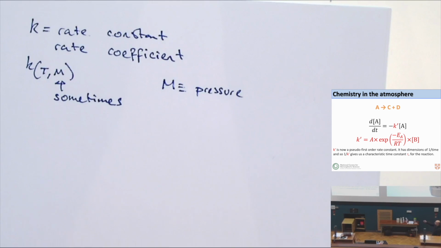Now if we think about the continuity equation, the change in concentration with respect to time, the dimensions of k prime must be inverse time. That's quite nice because it gives us access to something we can use to characterize the reaction, which we call the time constant.